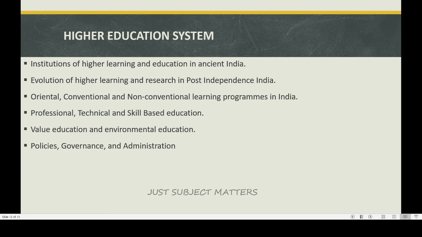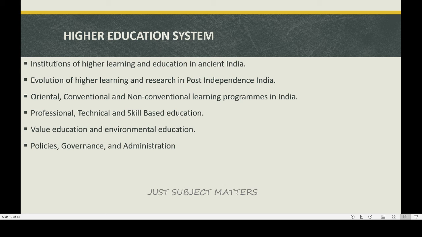And then last but not the least, we have the higher education system. So the higher education system covers the institutions of higher learning and education in ancient India, evolution of higher learning and research in post-independence India, followed by all these topics that are to be covered.